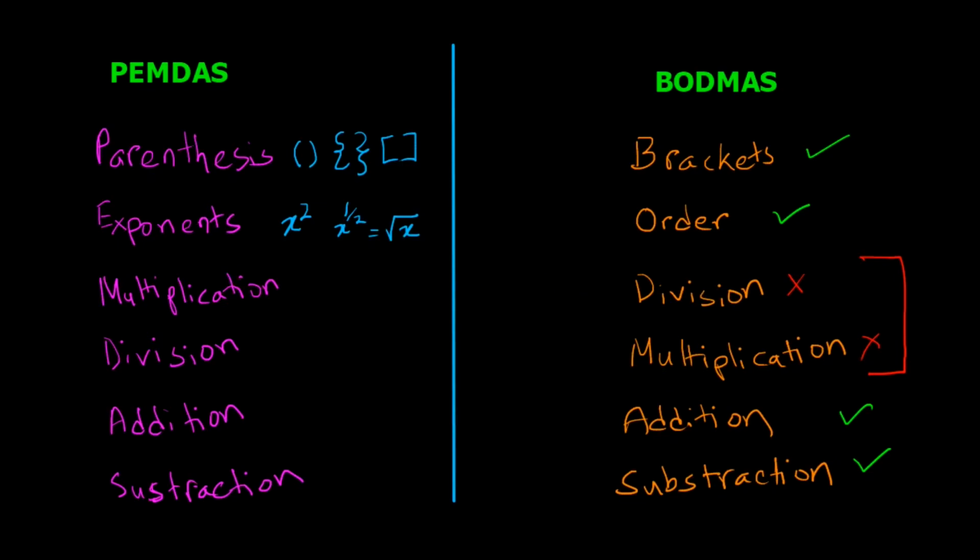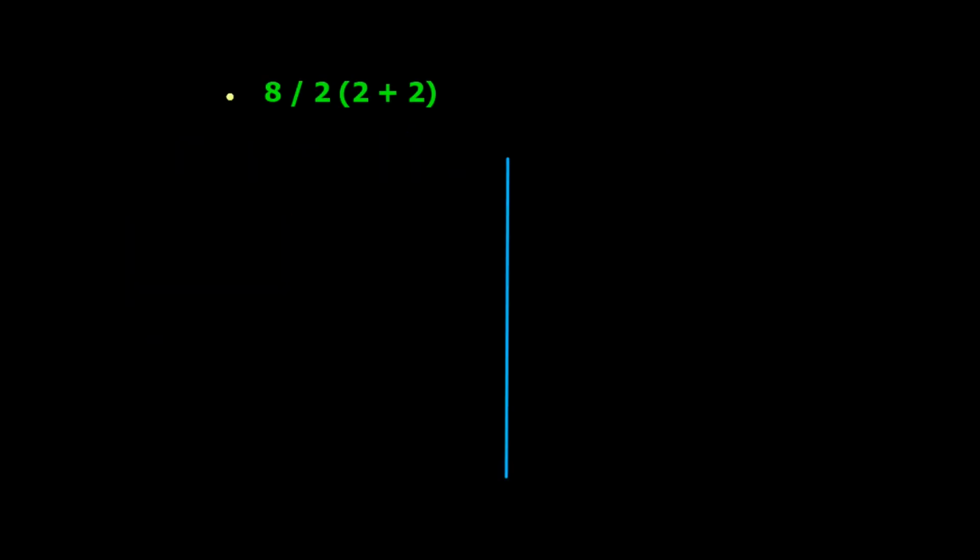So in order to demystify this, let's look at an example right here. This is the equation that took social media by storm, and a lot of people were arguing what the answer for this should be, a few years back, on different social media. So let's try to solve this and see how PEMDAS and BODMAS answer this question.